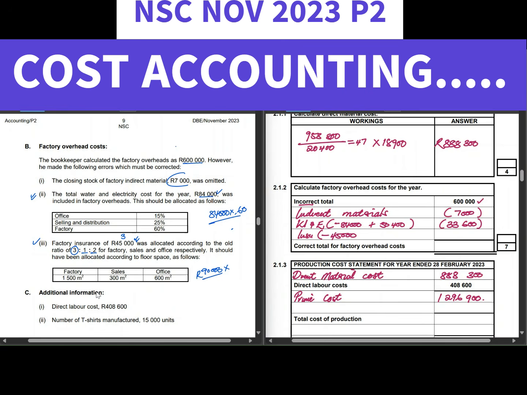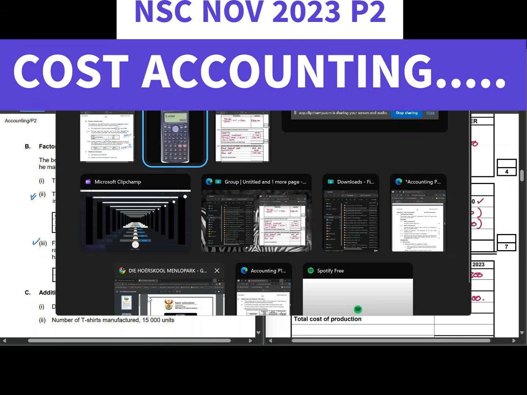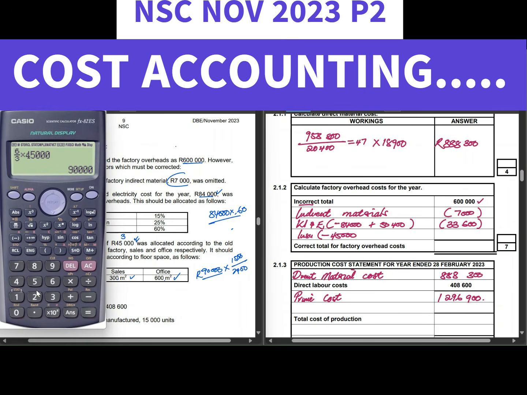Now we need to say that 90,000 multiplied by 1.5 over 1.5 plus that plus that. So 1.5 plus 300, that's 1.8 plus 600, that's 2.4. Okay, so we'll come back again to our calculator, and then we are now saying what we want.